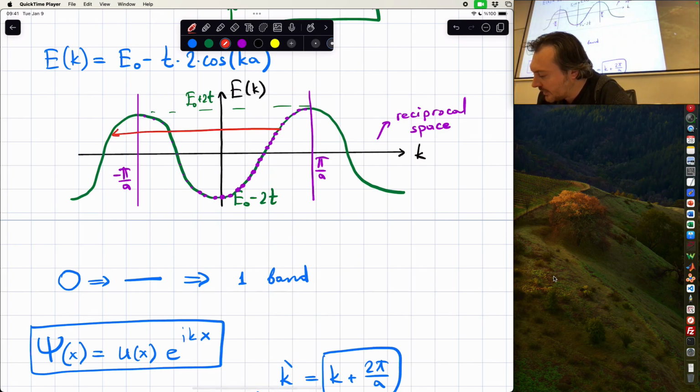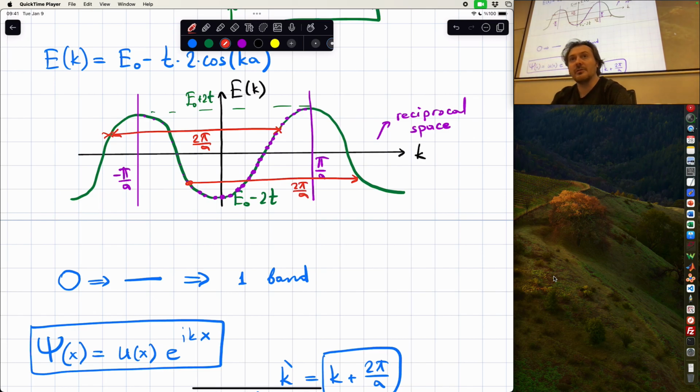If you shift by 2 pi over a, you are going to get the same state. You shift from here to here, you get the same energy. You shift from here to here, you get the same energy. So all of the information about the energy is already present in the so-called first Brillouin zone.